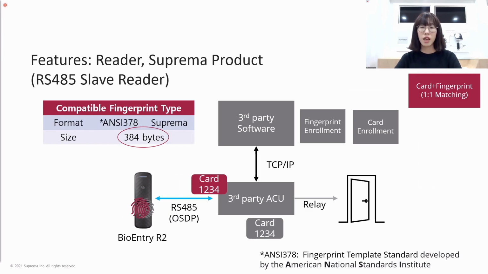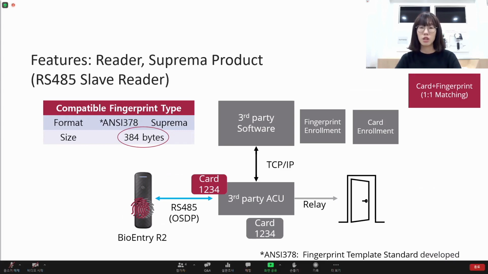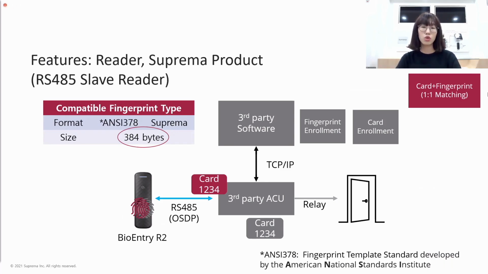After that, the user inputs a fingerprint on the device. The loaded fingerprint is matched with the scanned fingerprint, and the result is delivered to the access control panel. Due to this fingerprint matching process, your system should be compatible with the fingerprint-related specification of the Suprema device.